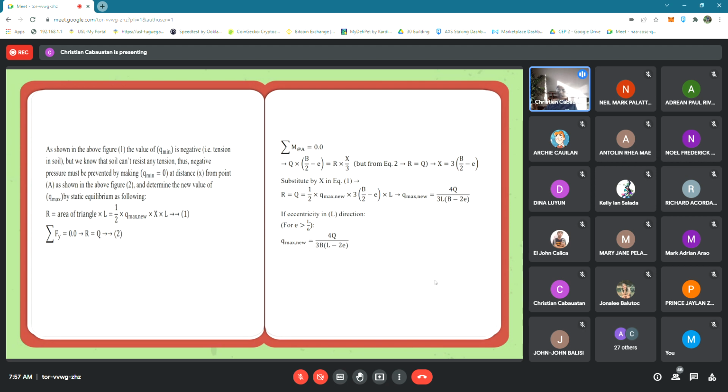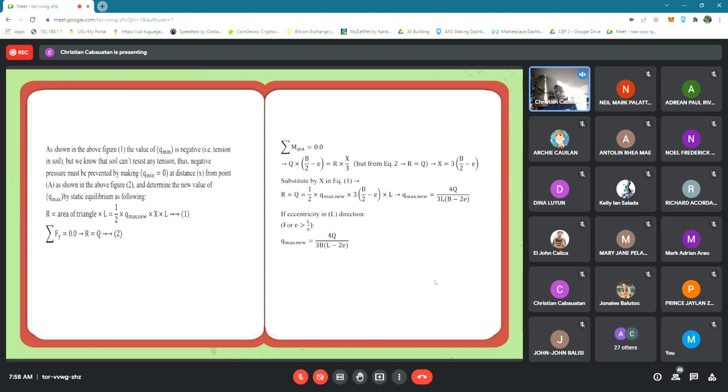Again, if the eccentricity is along the length direction and the eccentricity is greater than the length over 6, the Q maximum is equal to 4Q divided by 3B times L minus 2e.